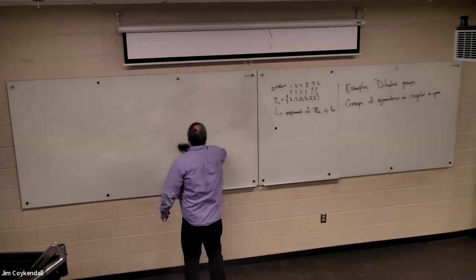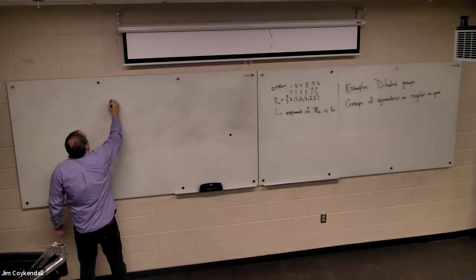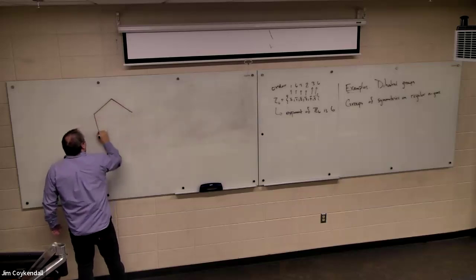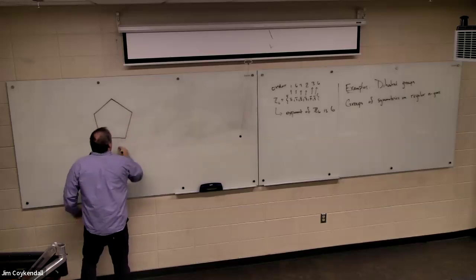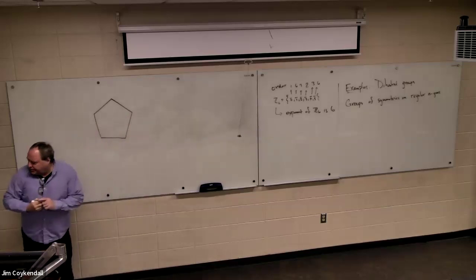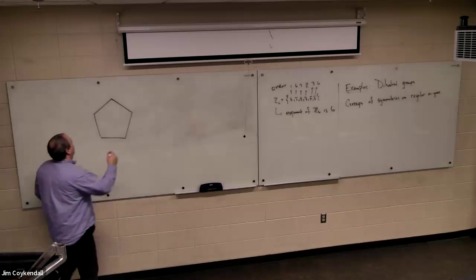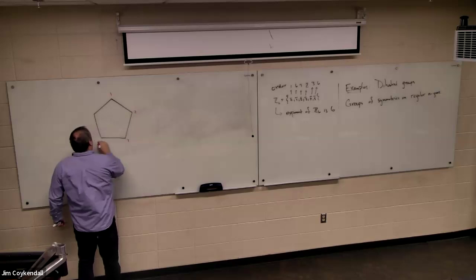Okay. You all have to give me a little latitude here and pretend that I can draw a regular pentagon. That's about as good as I can muster. Now, suppose I have a regular pentagon, all right? And I'm going to label these vertices here.